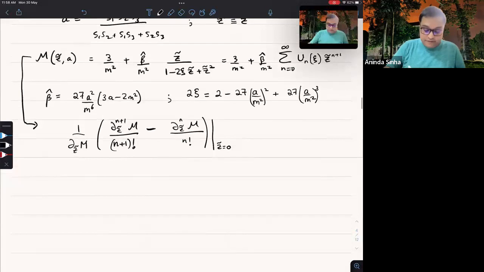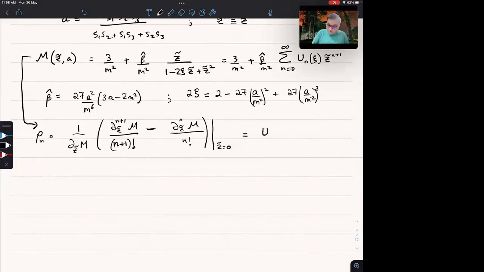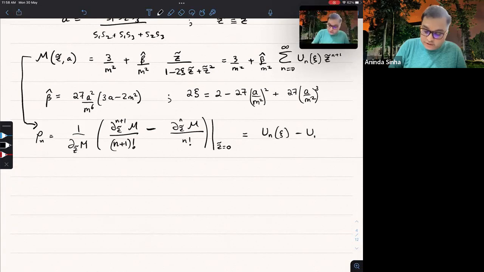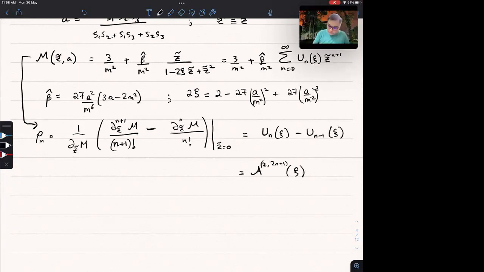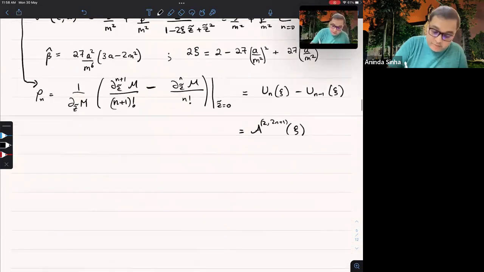So these are basically various combinations. Let's give this a name. We'll call this rho n. And rho n, using the above identity, is just the difference of two Chebyshev polynomials, and hence this is just the Alexander polynomial. So this is equal to a. Sorry, not psi, but p.